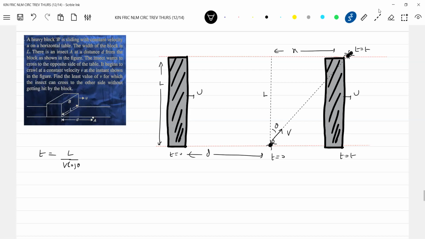The distance crawled by the ant along the y-axis is L, and along the x-axis, x should be equal to v sin theta into t. Tan theta will be x by L, so x is L tan theta.